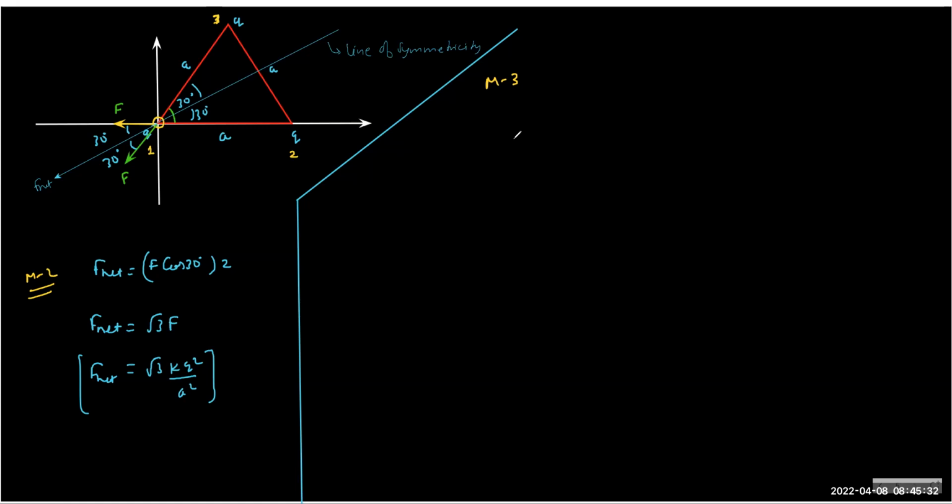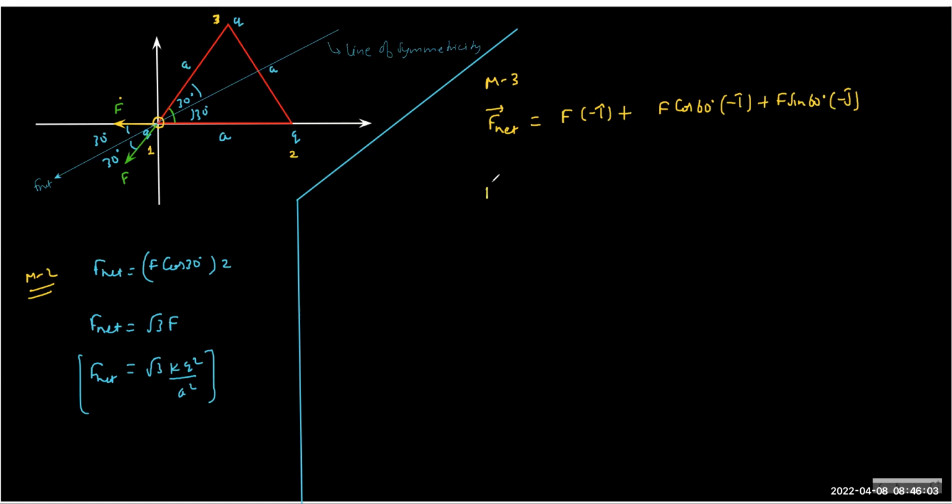So method 3 says that once you designate the forces, again write in vector form. We can write the net force in vector form as F minus i cap, like this is minus i cap, plus the other force, which we need to resolve along the x and y axis, as F cos 60 minus i cap plus F sin 60 minus j cap, isn't it?